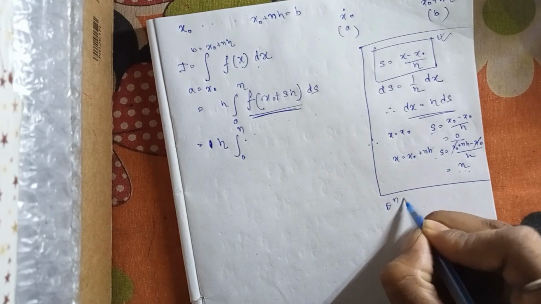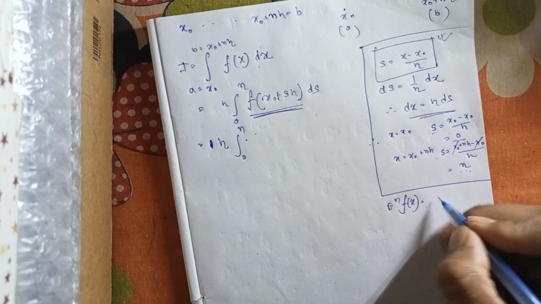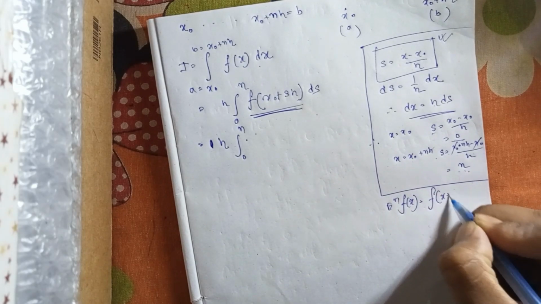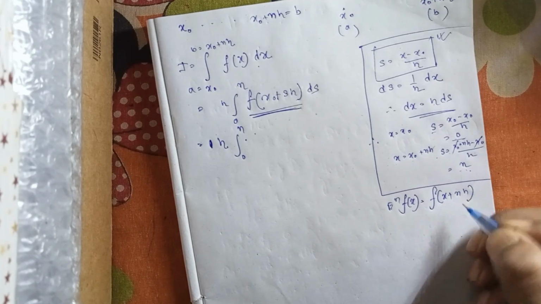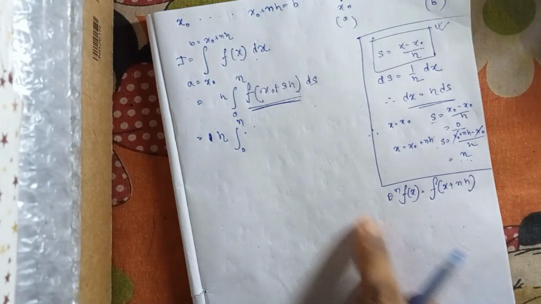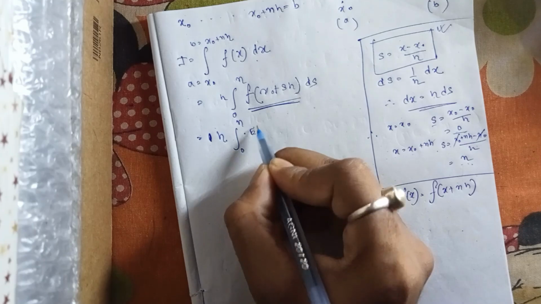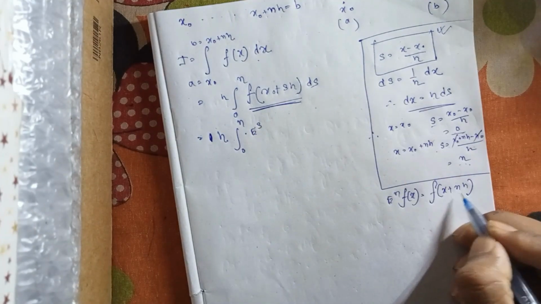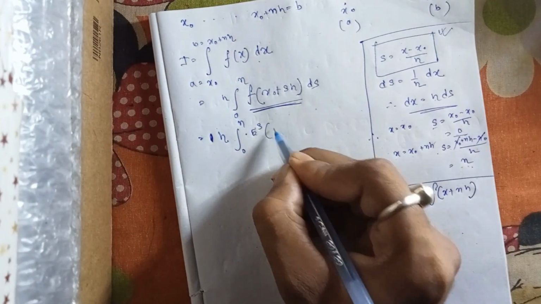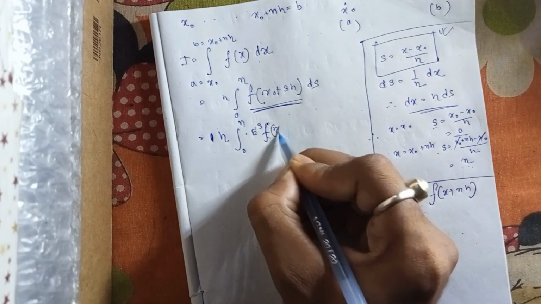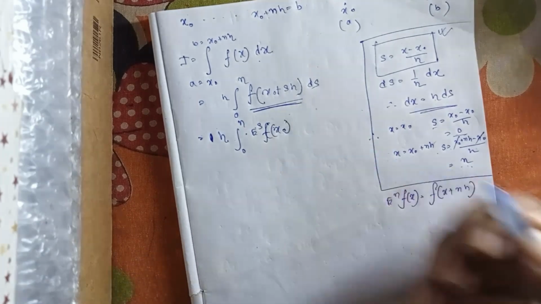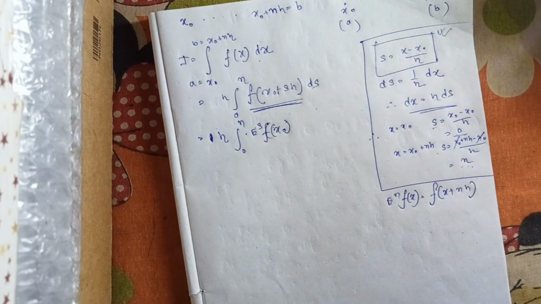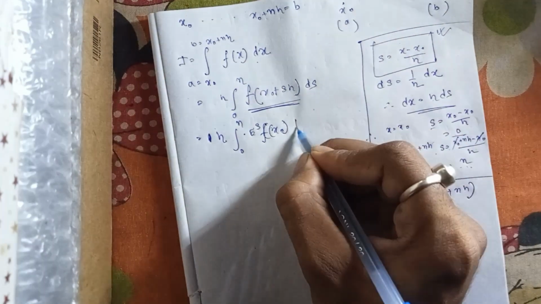E to the power n f of x gives x plus n into h. Here similarly we just replace, so we have f of x0 into ds.